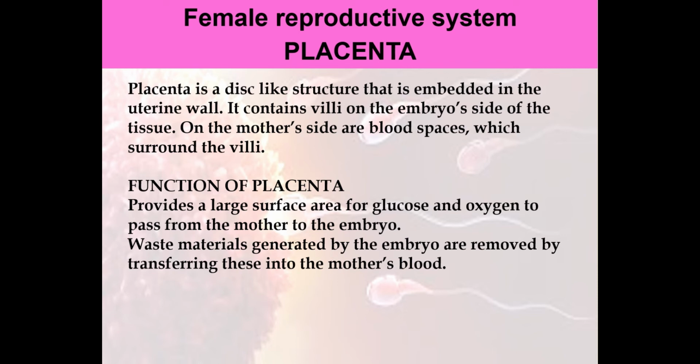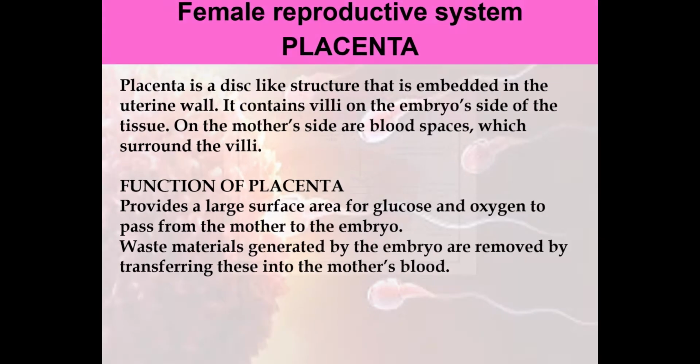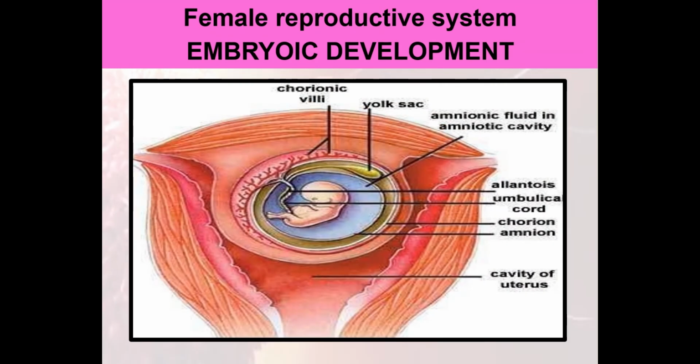Another structure that develops after implantation is the placenta. This embryo is developing in a cavity called the amniotic cavity. The uterine wall is at a distance from this developing embryo. So the embryo is connected to the mother's uterine wall, the mother's circulation, through a cord-like structure called the umbilical cord.